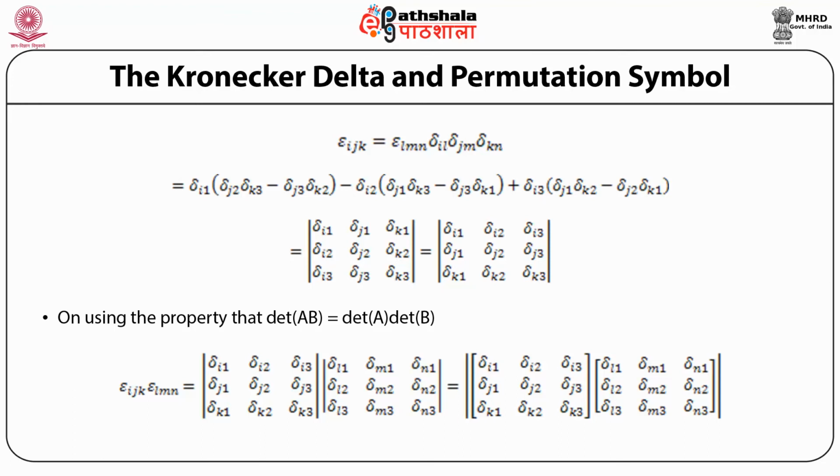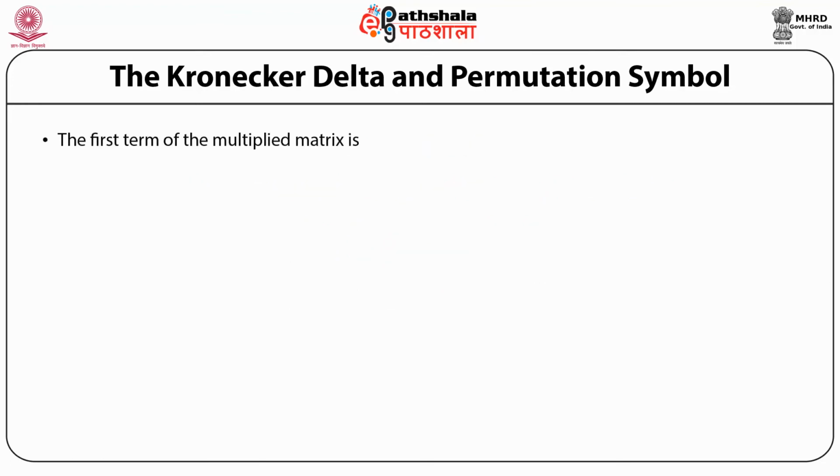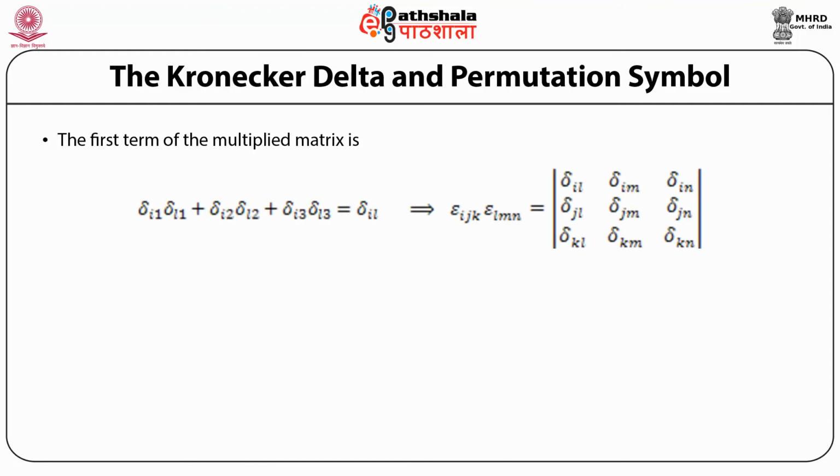The first term of the multiplied matrix is del i1 del l1 plus del i2 del l2 plus del i3 del l3 equals del il, which implies that epsilon ijk epsilon lmn equals the determinant of del il del im del in, del jl del jm del jn, del kl del km del kn.